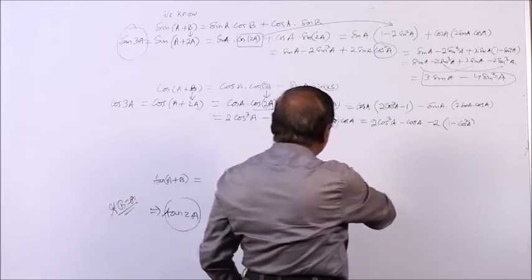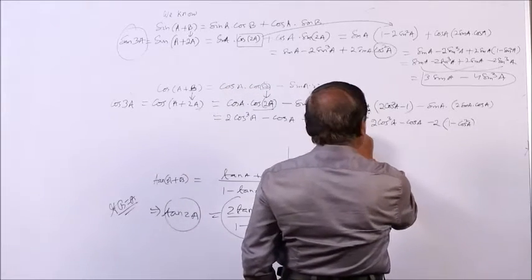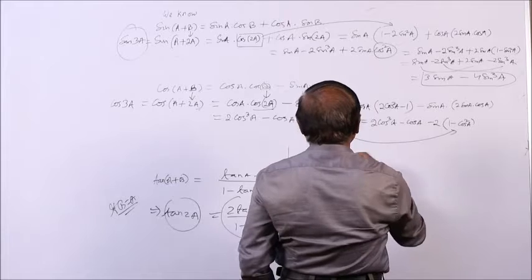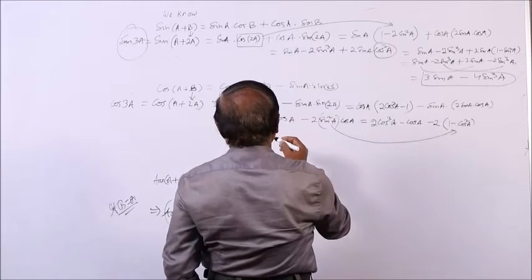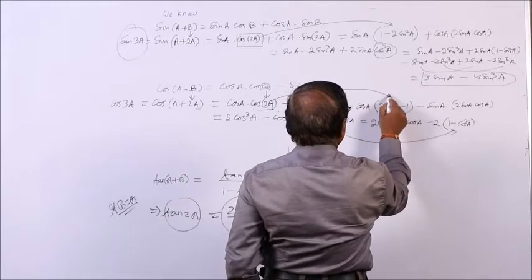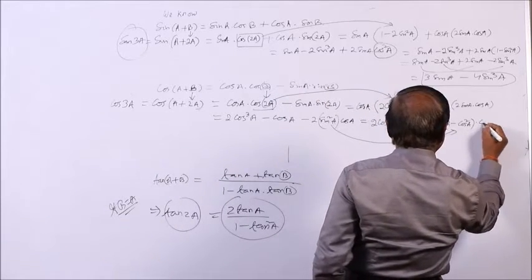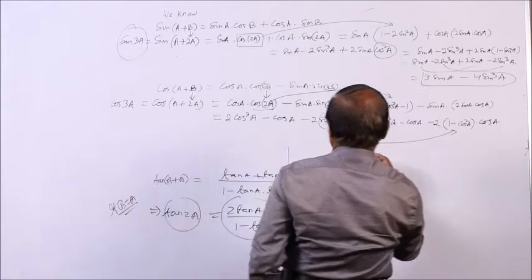So, I have changed all the sin terms to cos. So, here sin square A is 1 minus cos square A, and yes, cos 2A is changed to 2 cos square A minus 1, okay, and to cos A.